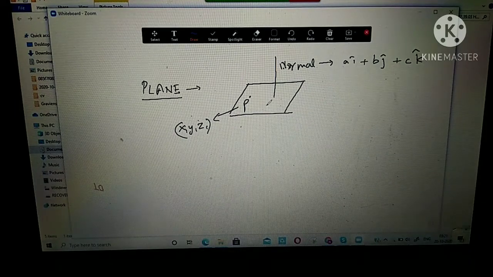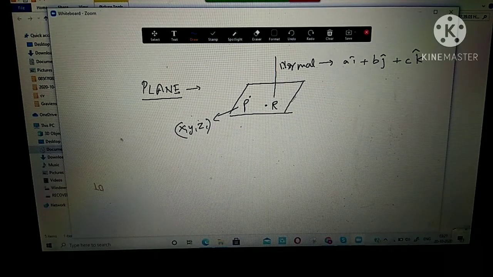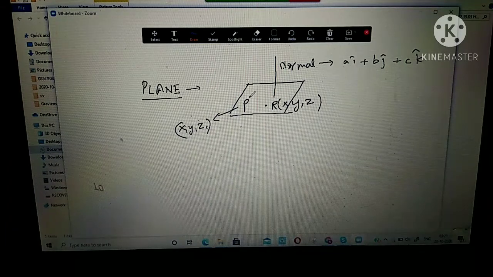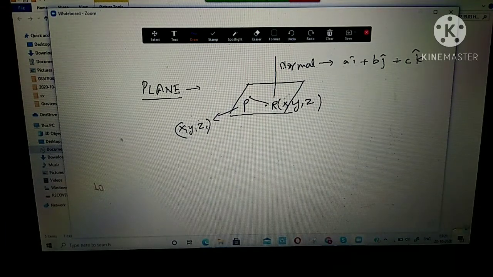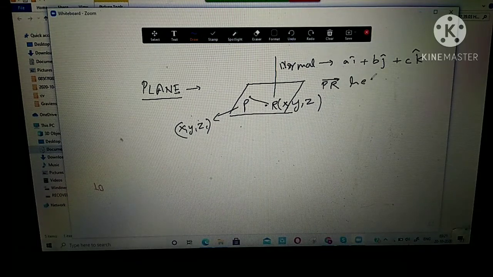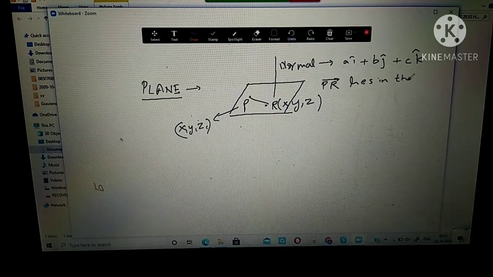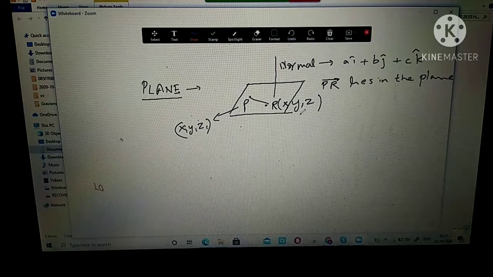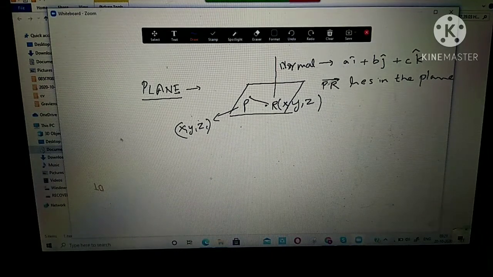So how can we write the equation of the plane? We take a variable point R, say x, y, z. Now the vector PR lies in the plane because it is formed by two points which lie in the plane.